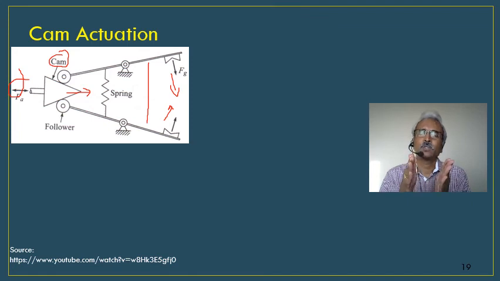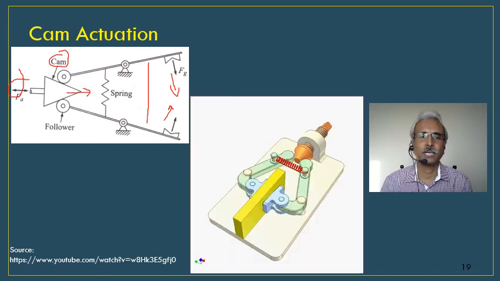Now the grasping is taking place by the spring force and not because of the cam force. So even when there is a failure at the other end, still the part will be safe because it is held by the spring force. So that's cam actuated grippers.